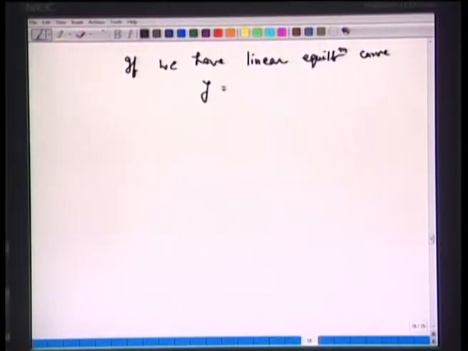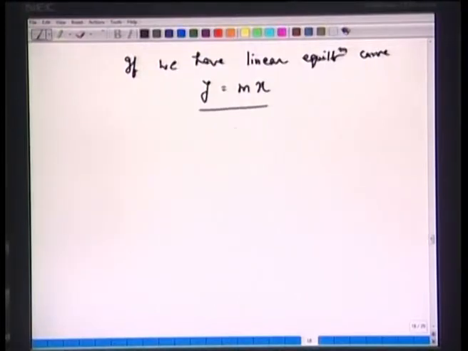So, if we have a linear equilibrium curve, we can write y equal to mx, a straight line.